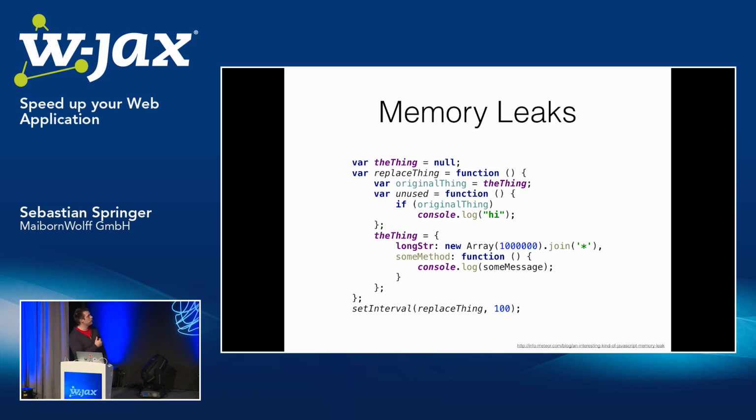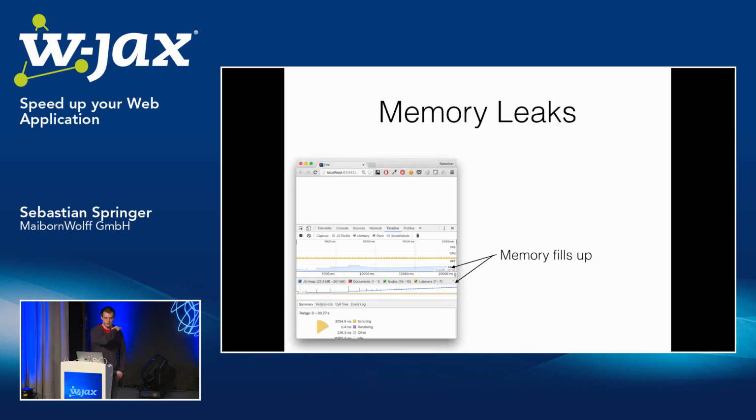In this example, a possible solution would be deleting the variable reference, and then the garbage collector is able to clean up the memory. And then you have not this growing memory, but a normal line.